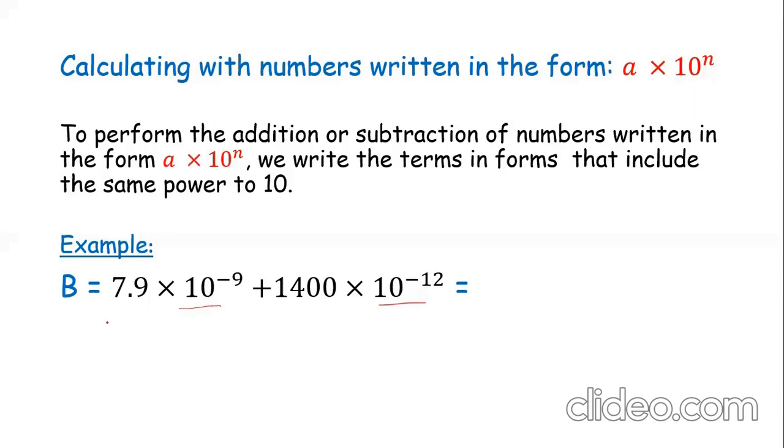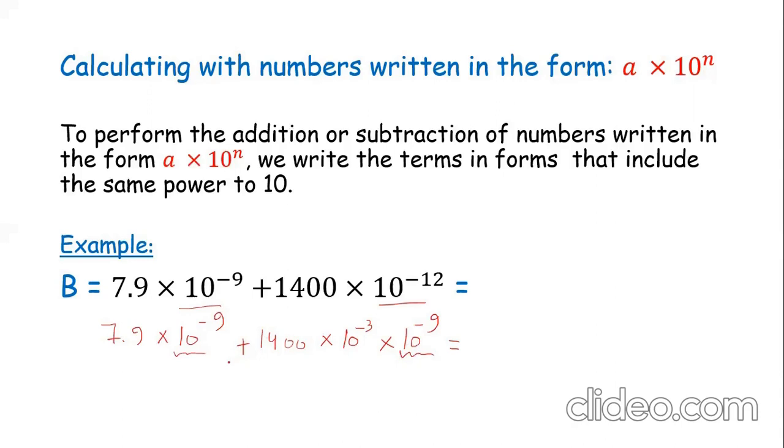So we can write 7.9 multiplied by 10 to the power of minus 9 plus 14 hundredths multiplied by 10 to the power of minus 3 multiplied by 10 to the power of minus 9. And this is equal to, here we notice that 10 to the power of minus 9 is a common factor between the two added terms.